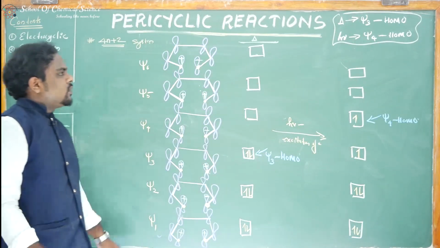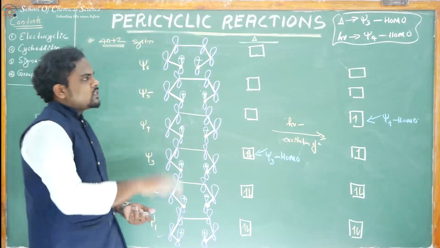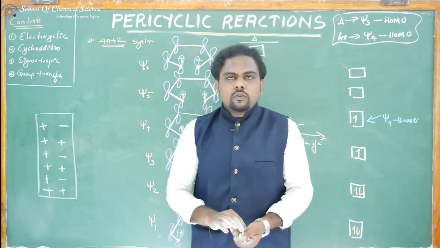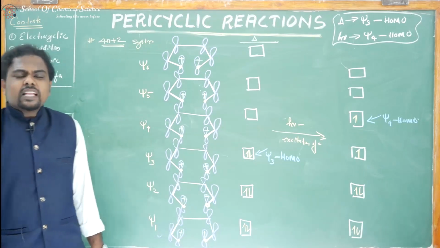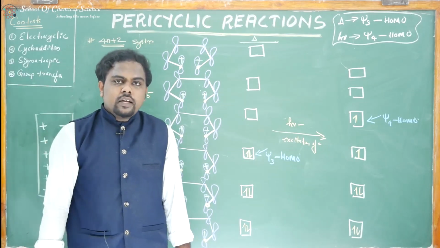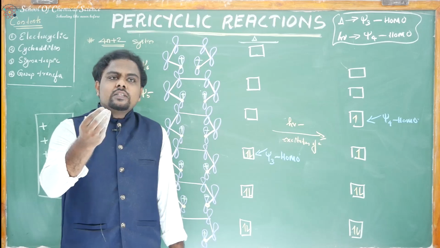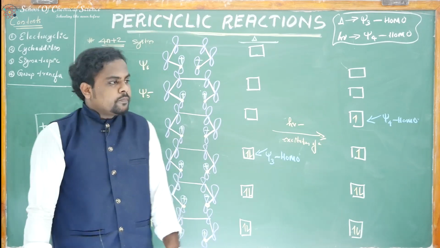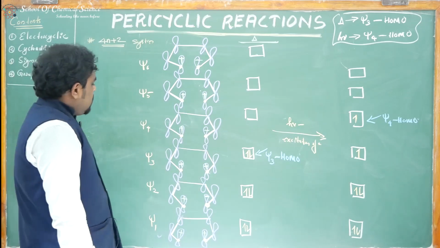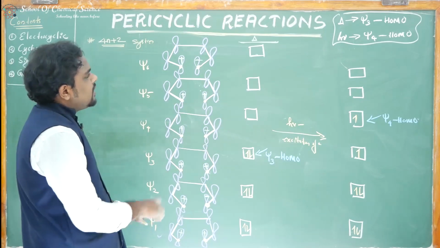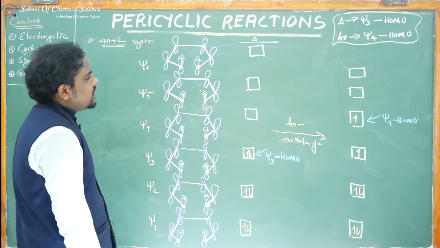You can expect a 2-mark question based on this also. Under thermal condition, excitation of an electron does not take place because thermal energy is only 3/2 kBT. That energy is not sufficient to excite the electron.